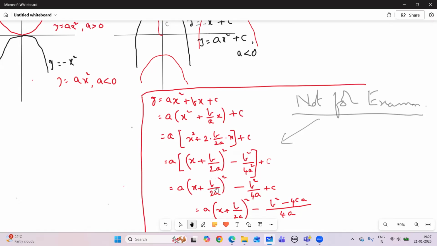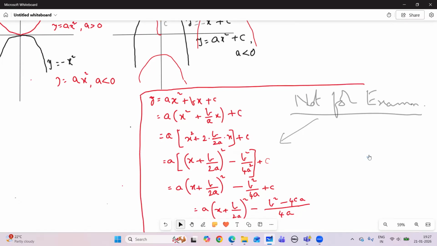This is always greater than or equal to 0, since these are all real numbers. If you are considering a quadratic, it means this a is non-zero. And x plus b by 2a is a real number, so its square is greater than or equal to 0.